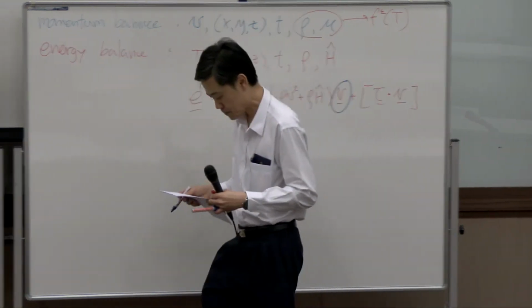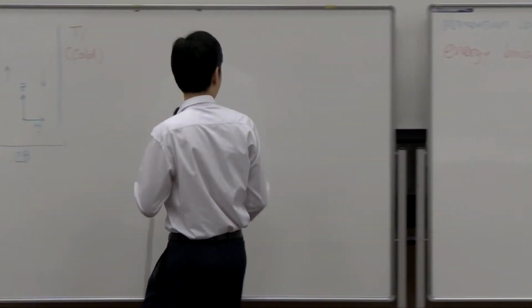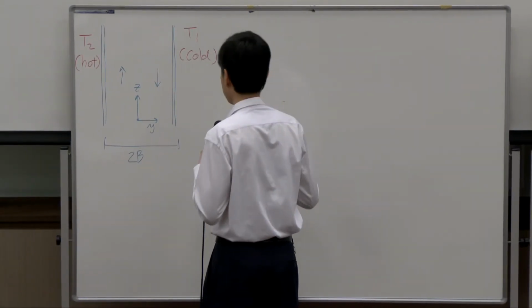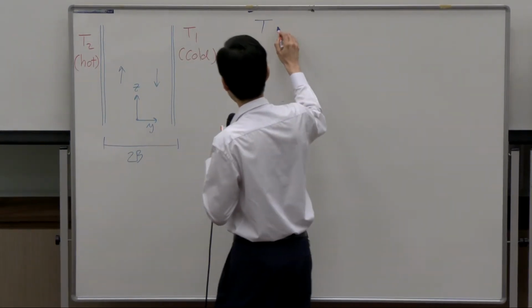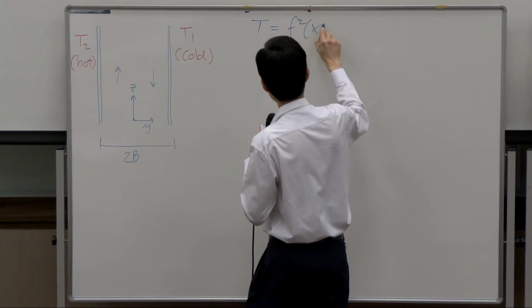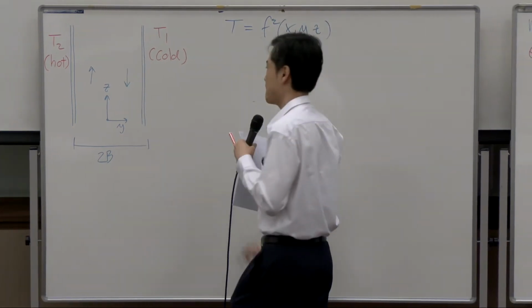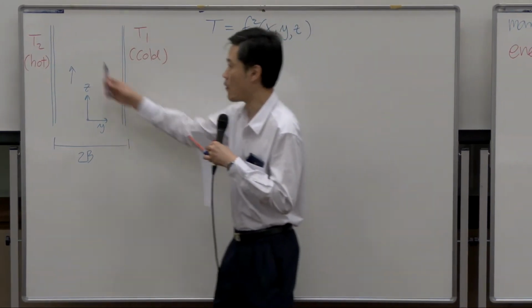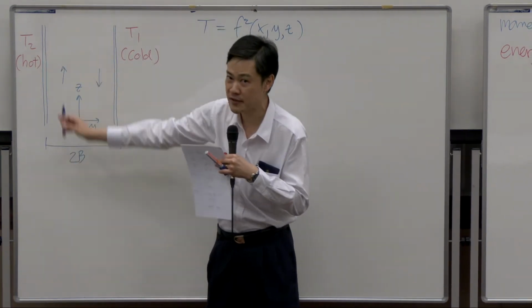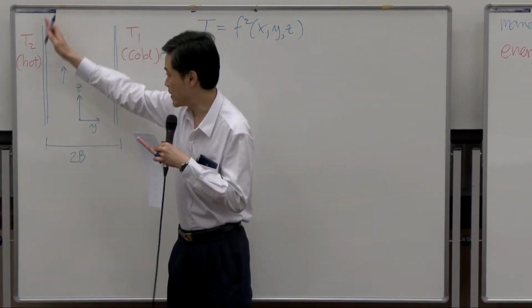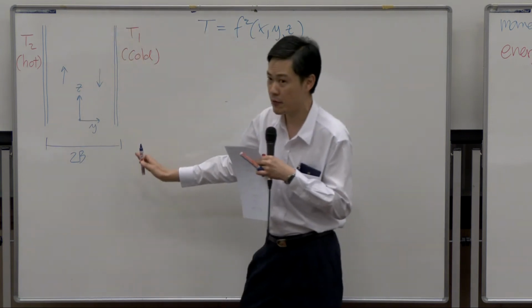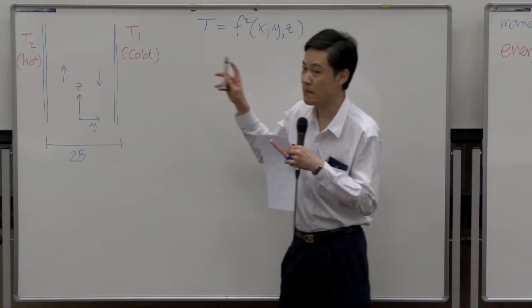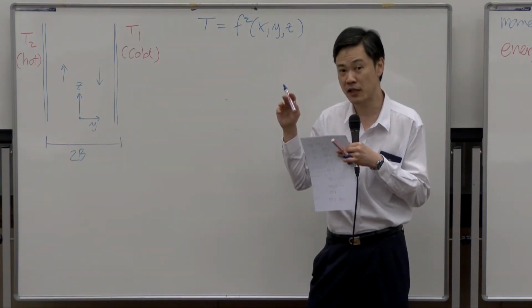Okay? So if we want to start with energy balance, we have to analyze temperature as a function of coordinate. In this case, if the whole wall has constant temperature, there's T2 everywhere, T1 everywhere. So that means temperature does not change with respect to z.